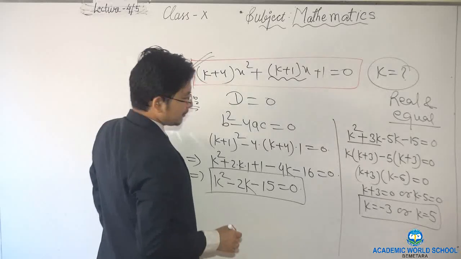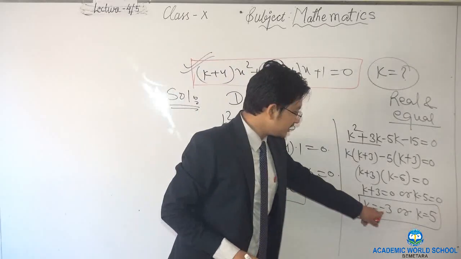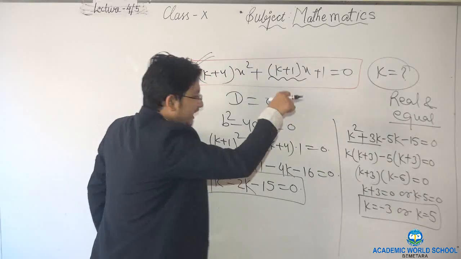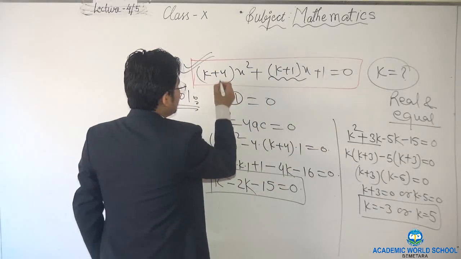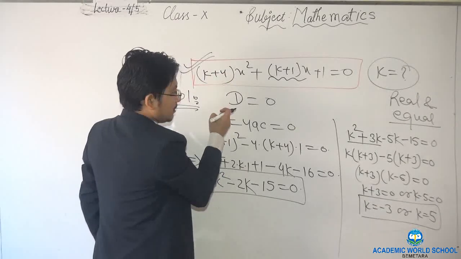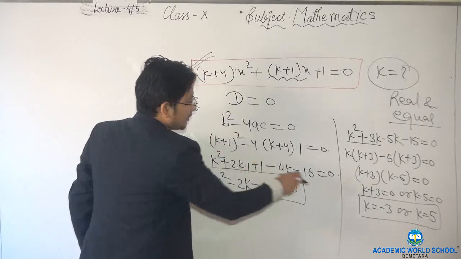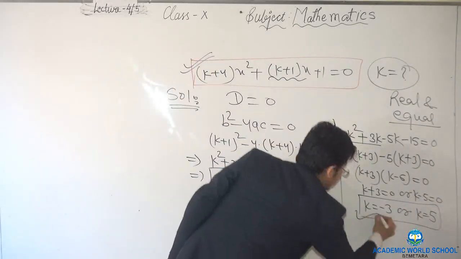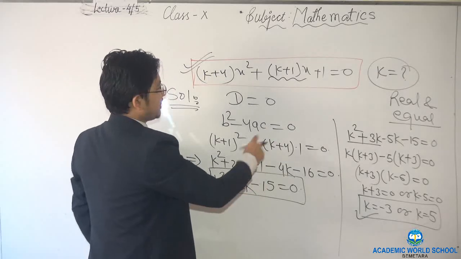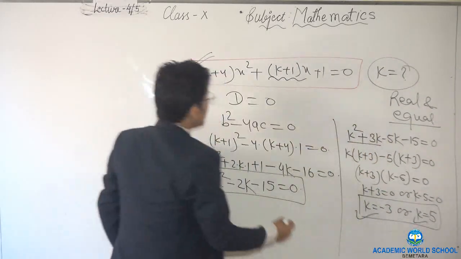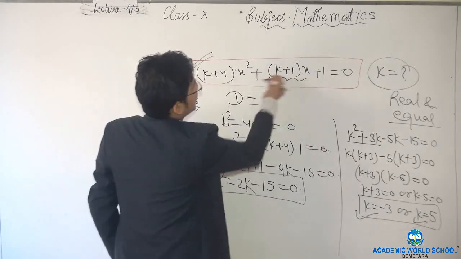We are happily going to take this value, because after taking it we have to make sure that this term should not be equal to 0. So I am going to take k is equal to minus 3 as well as k is equal to 5. Even if I take k is equal to 5, I have no problem at all.